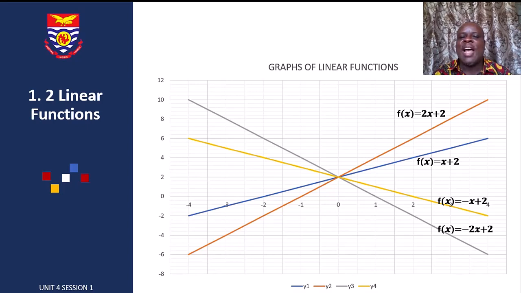Any graph that has a positive gradient, the orientation will be from the lower part of the left to the upper part of the right. And any that is negative, the orientation will be from the upper part of the left to the lower part of the right. And you see that all the lines are passing through the points we have plotted.